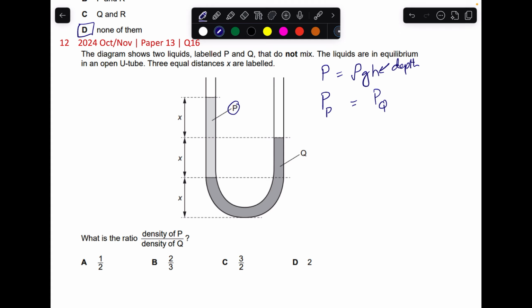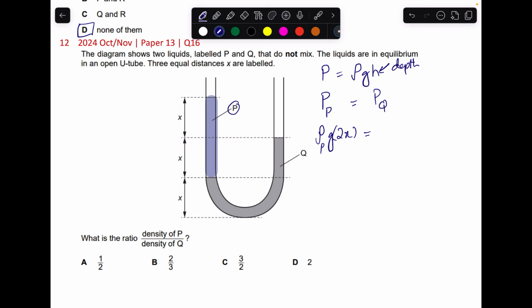So for the pressure of P, I can write density of P, g, and depth of P. If you see the depth of P, it starts from here and ends at this point. Okay, so this is the depth of the liquid at this point. So this will be equal to 2x.